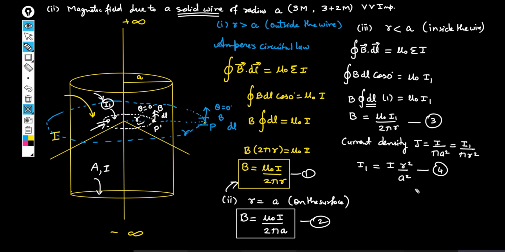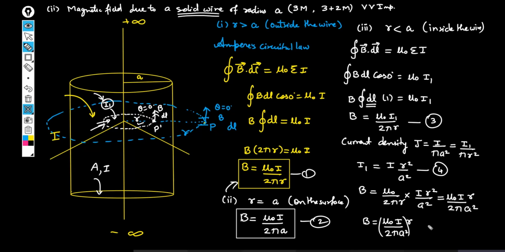Now substituting this value in the above expression, the magnetic field will be mu naught upon 2 pi r into I r square by a square. One r cancels, so it will be mu naught I r upon 2 pi a square. So this is the final result of the magnetic field inside the solid wire. I hope it is clear to everyone. Yes, sir.